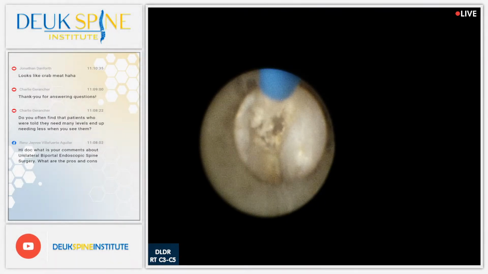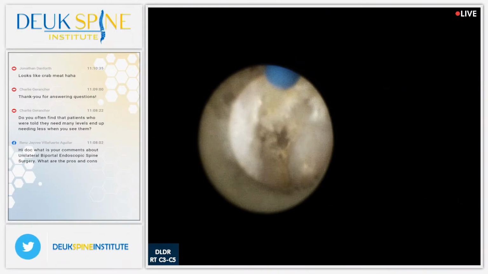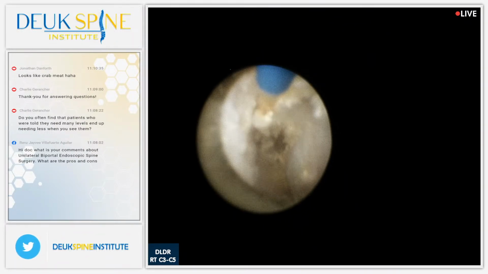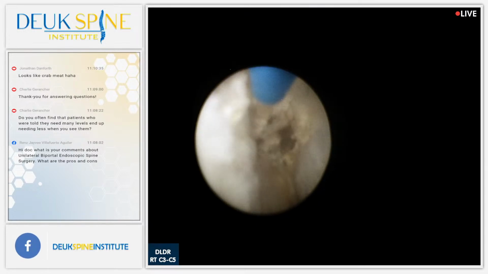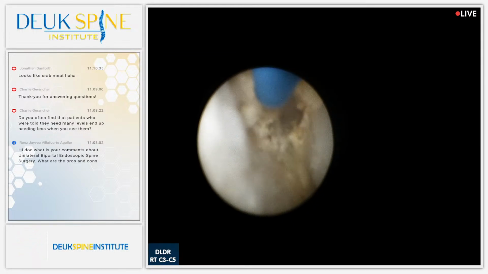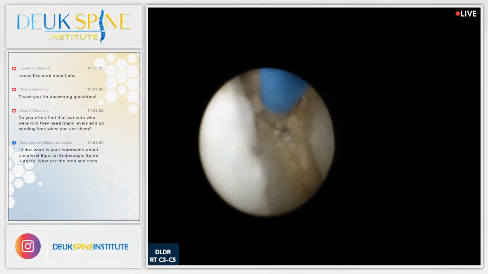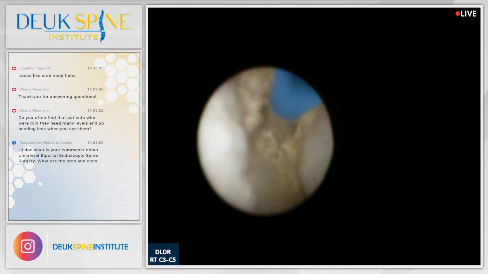A lot of spine surgeons like the idea of endoscopic spine surgery, but they can't do what we do because they don't have the skill set. They don't have the confidence. They don't have the understanding of the body, the anatomy, and they don't know how to use the equipment we're using. Or maybe they don't have access to it.